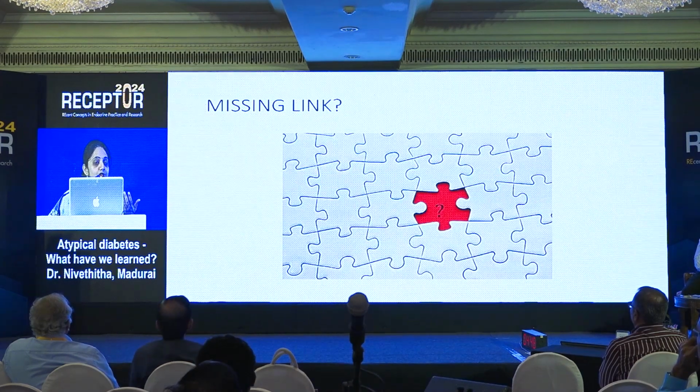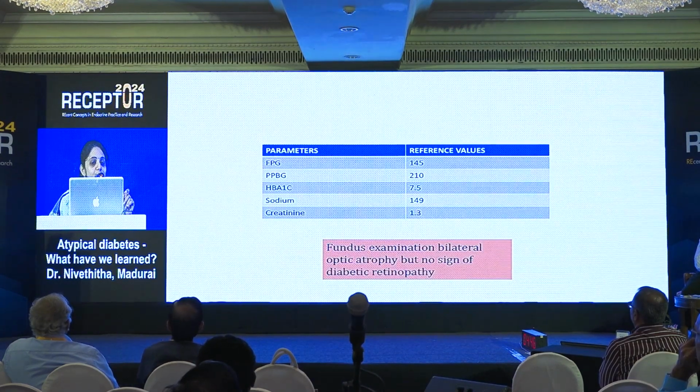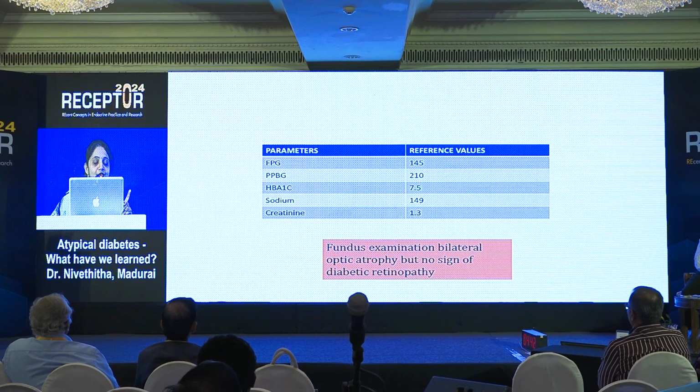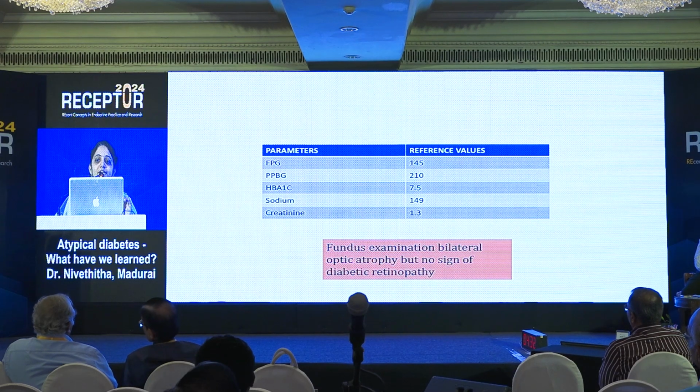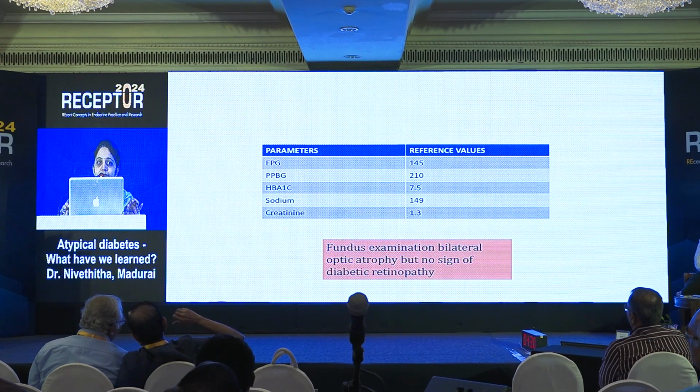As we evaluated him further, one thing which stood out was sodium was 149, on the higher side, and creatinine was high. And the visual disturbances: fundus examination had not been checked, and once we sent him for ophthalmic examination, he didn't have retinopathy, he had optic atrophy.